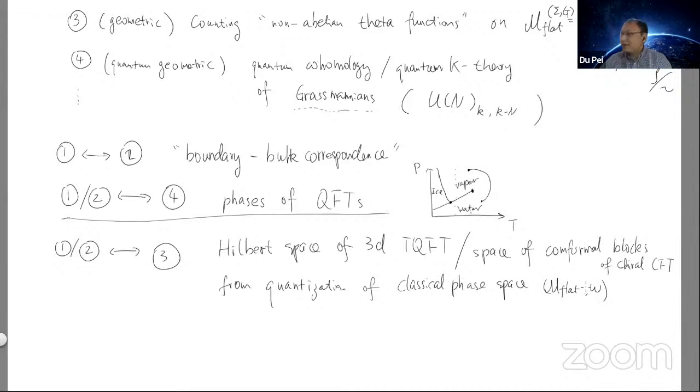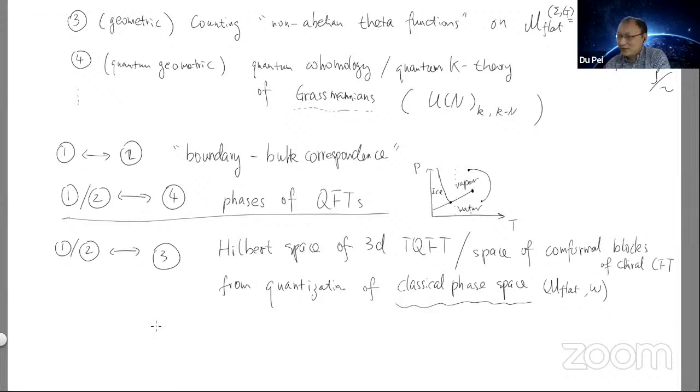So what do I mean by this? Previously, I've written down the action of Chern-Simons theory. And it's a quantum theory, but it's obtained by quantizing a classical theory. And for any classical theory, one can ask, what is the classical phase space?